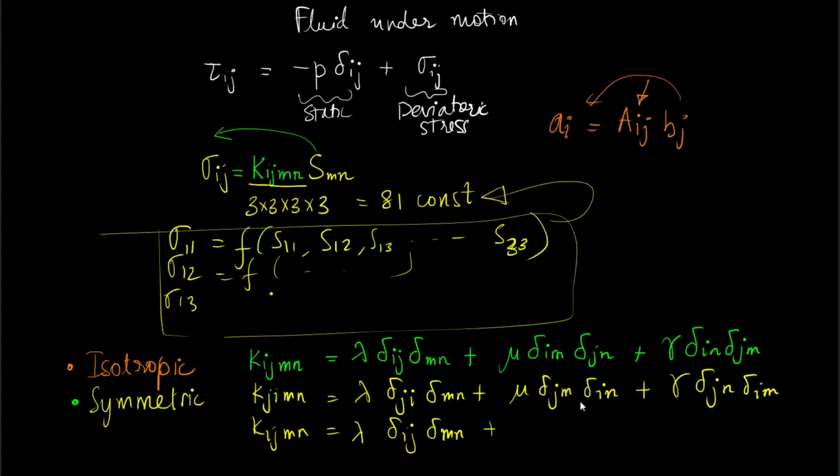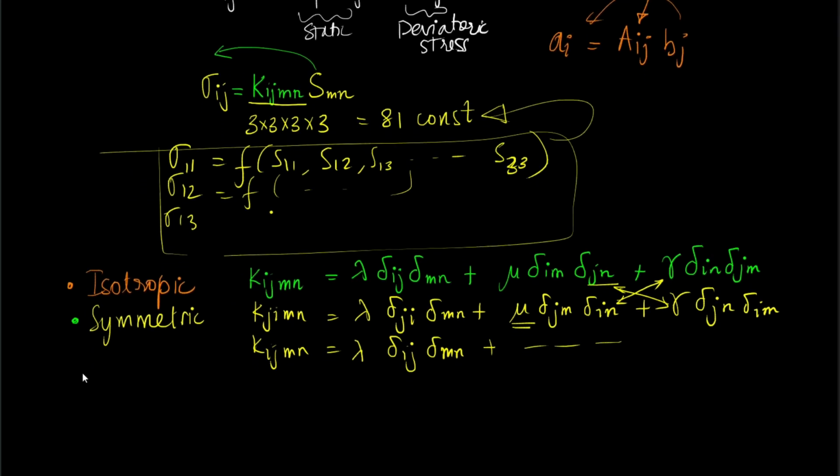This mu from this equation and gamma from this equation, these two terms exactly match. Delta im, delta jn, delta jm, delta in also match. So these two terms are also equivalent. So I'm not going to write it down, but the condition of symmetric stress tensor implies that mu is equal to gamma.